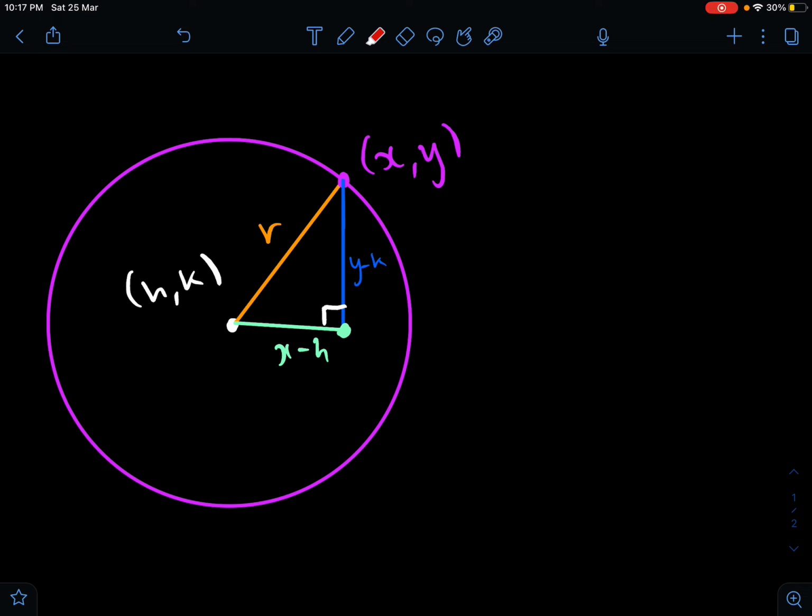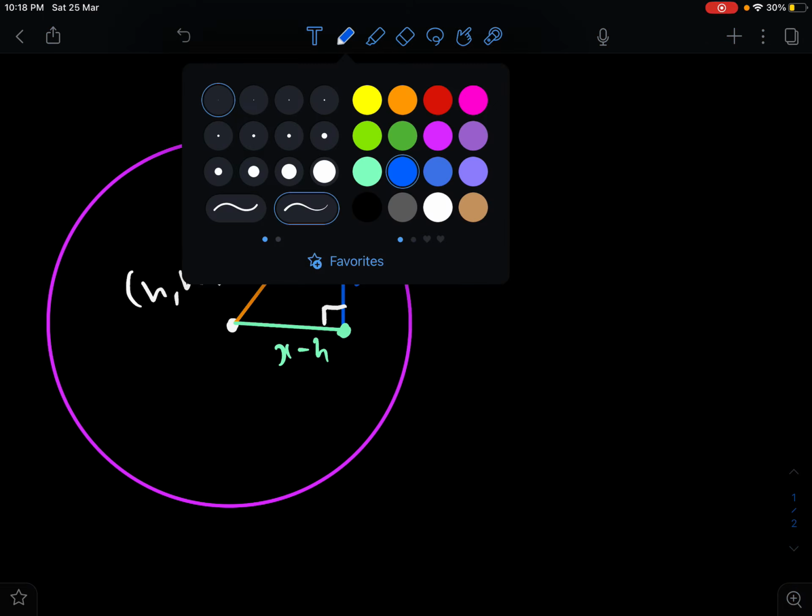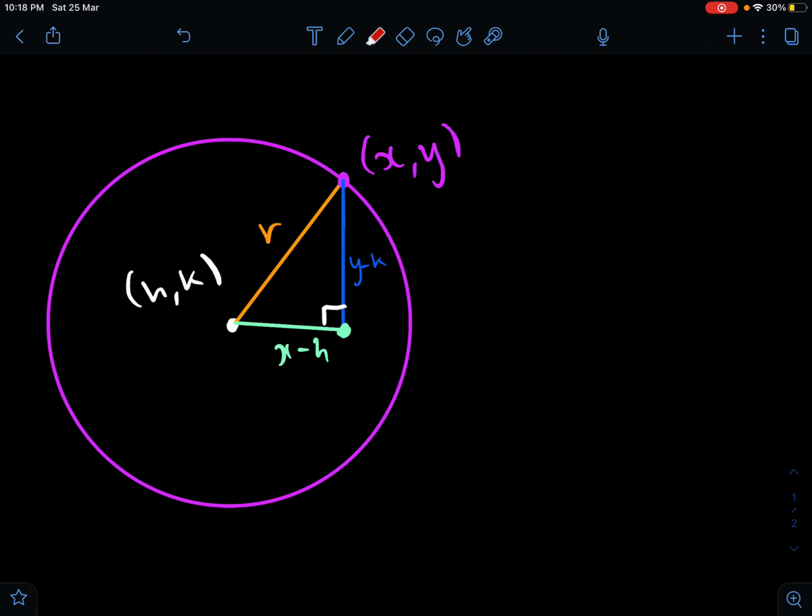Now, how do we work out r from this? Well, if we use Pythagoras' theorem, because it's a 90-degree triangle, I'm just going to use colors here. If this is our red side, and this is our green side, then green squared plus red squared equals orange squared.